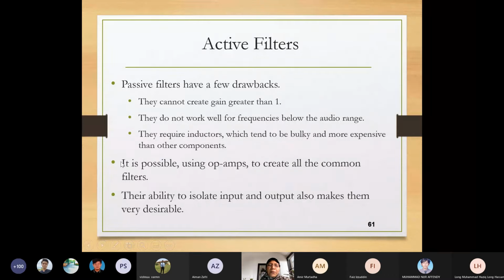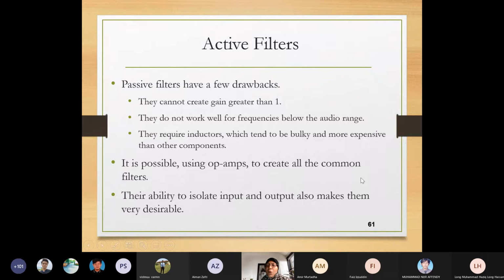However, in the lab, we do not test active filters, not in this course, but in electronic analog next semester, you will deal a lot with op-amps.